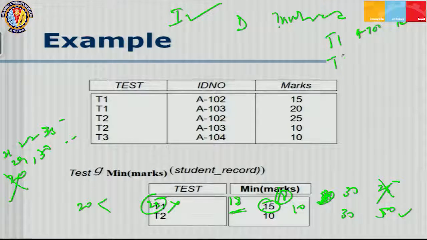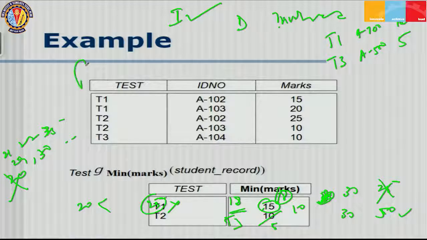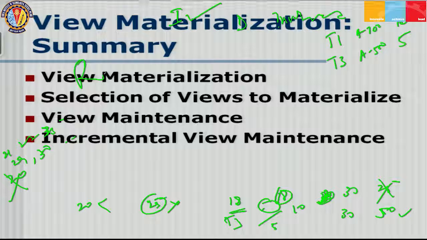Similarly, if I insert a record T3 A 500 and the minimum marks are 10, and I enter 5, I'll have to change it to 5 for T3. Like this, I can handle inserts and deletes to a relation R and incrementally handle these updates. With this, I close this section on incremental view maintenance.